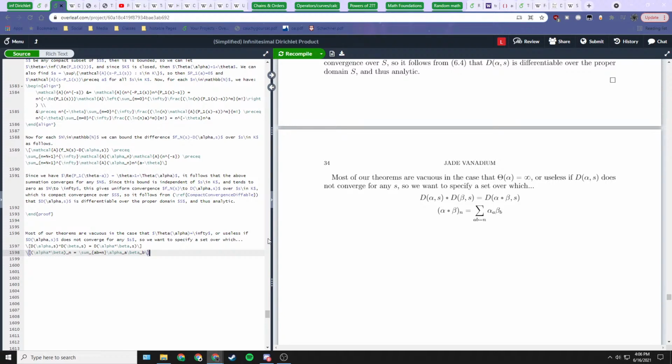The problem is that we already have, for every a and b, alpha sub a and beta sub b are elements in A to the n.